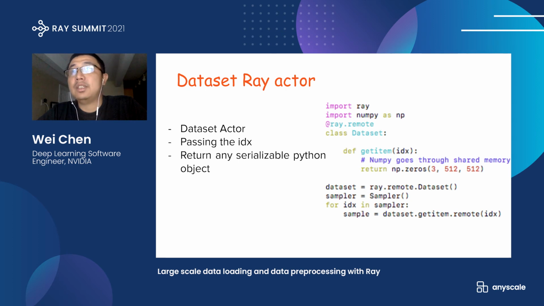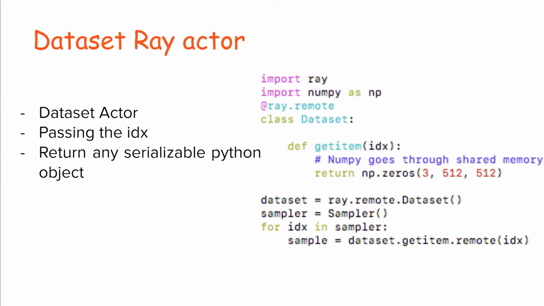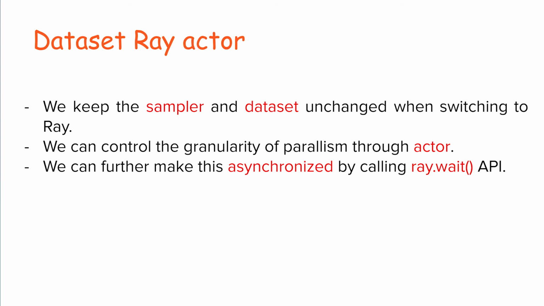If the returned result is a NumPy array or a large object, it goes through shared memory, so it's still fast. And if the object is not a NumPy array, as long as it can be serialized and deserialized, it still goes through the Ray actor. So it's quite convenient for us to implement code like this.